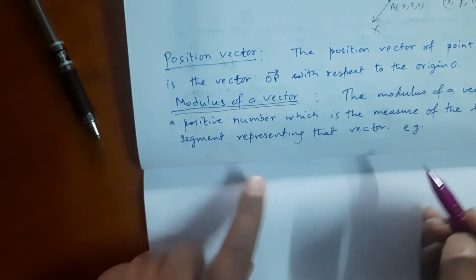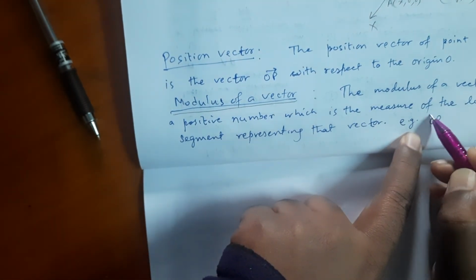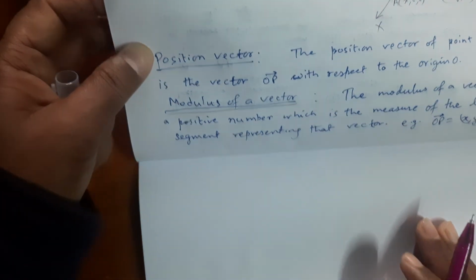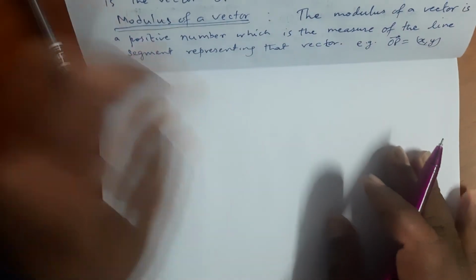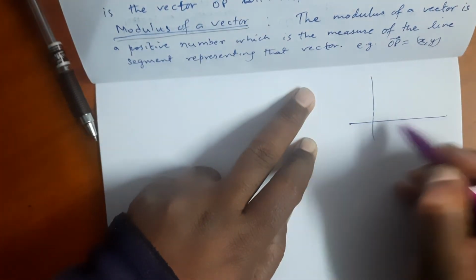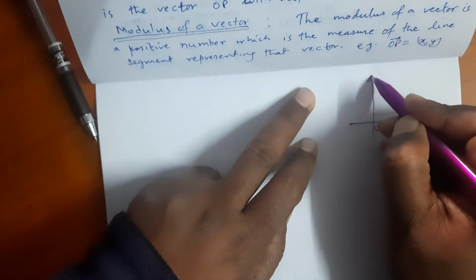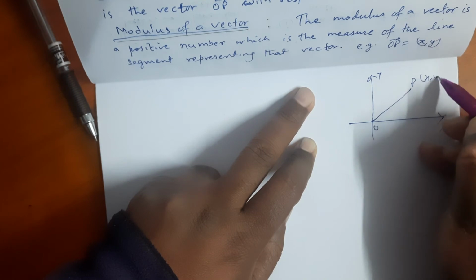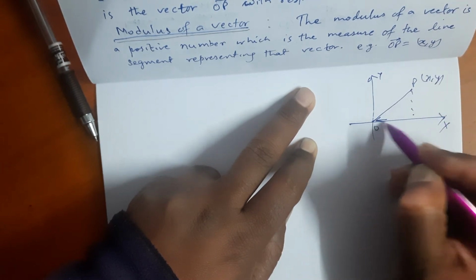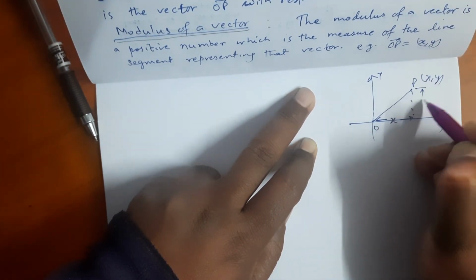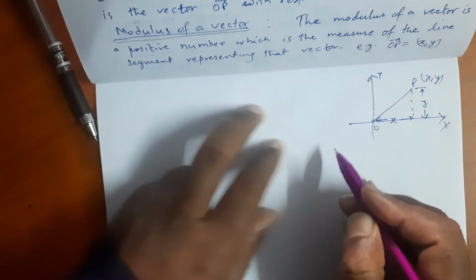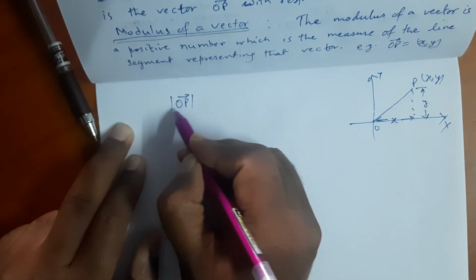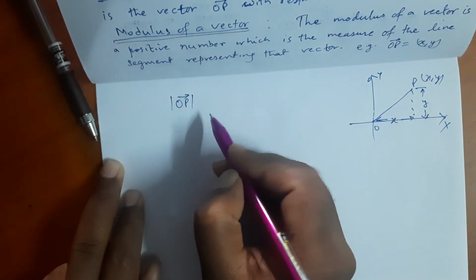Example, if there is vector OP equals x comma y, with origin, x-axis, y-axis, so here OP is (x, y), meaning x steps right and y steps up. Then its magnitude or length is denoted by OP with a bar on both sides.